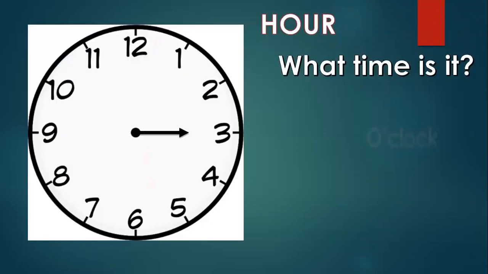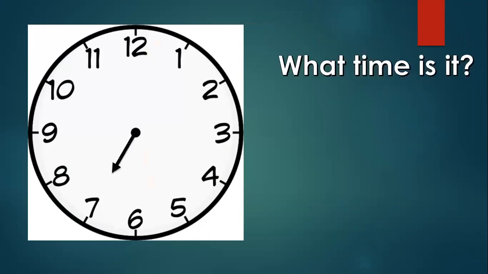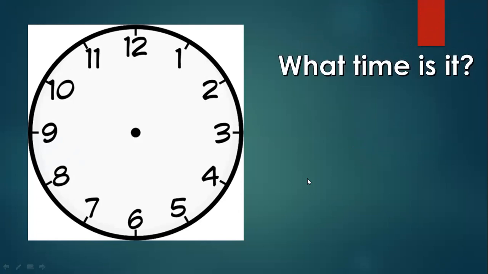What time is it? 3 o'clock. What time is it now? Tell me, boys, what is the time now when the hour hand is on 7? So it means it is 7 o'clock. What time is it now? Anyone?